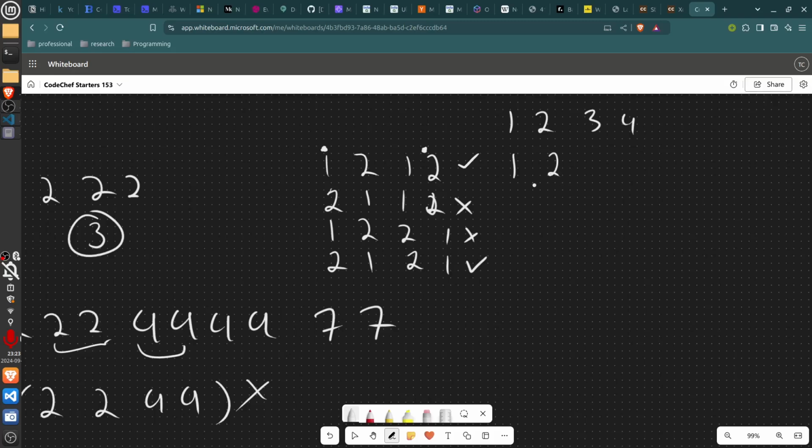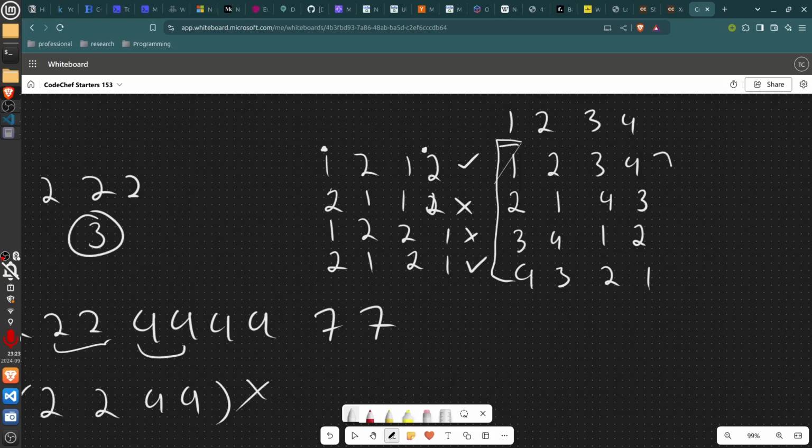Over here you can have 1, 2 and 3, 4, and then you can switch it around, and you can do 2, 1, 4, 3. You can also do 3, 4, 1, 2, and you can also do 4, 3, 2, 1. So in total, it's 4 ways that I can arrange this, I think. That would be valid.